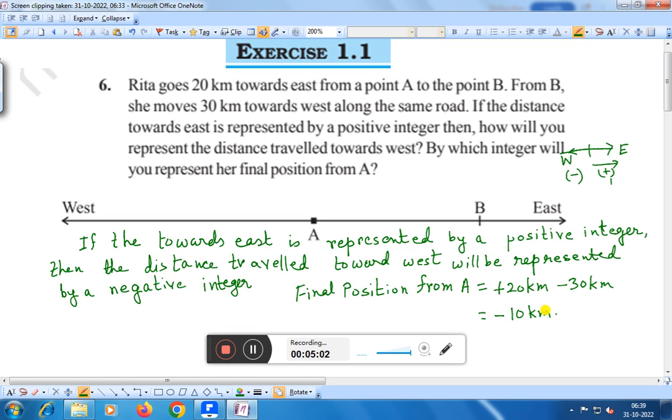Minus 10 kilometer means it will be 10 kilometer but in the west direction, right? That means from A the distance is 10 kilometer but towards west. Suppose this is 10 kilometer, but the direction will be west because it is negative.